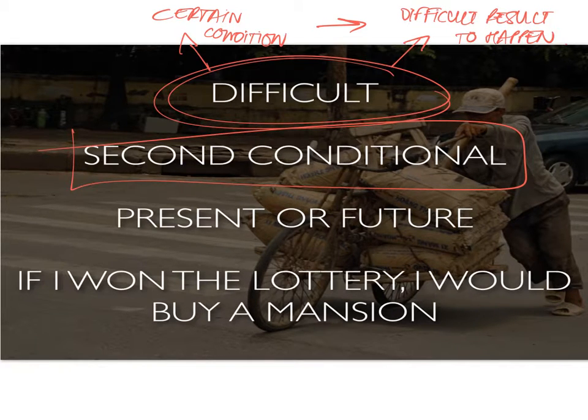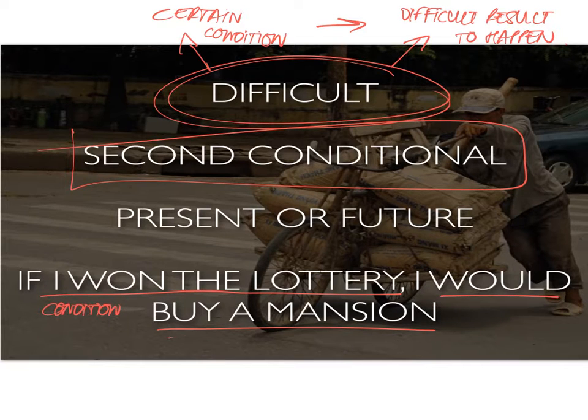Okay, if I won the lottery, that is the condition. So pay attention to it. I need to win the lottery. I would buy a mansion. What are my chances of buying a mansion? Winning the lottery. Is that really possible? Well, possible it is, but it's really, really difficult to happen, okay?